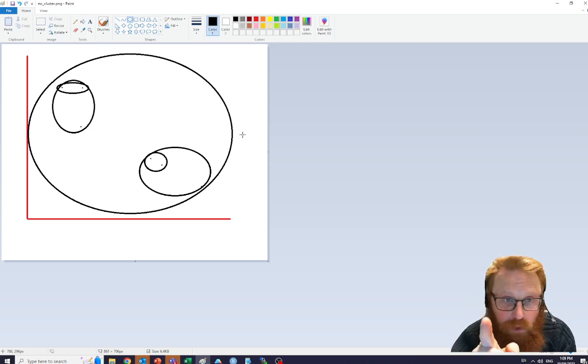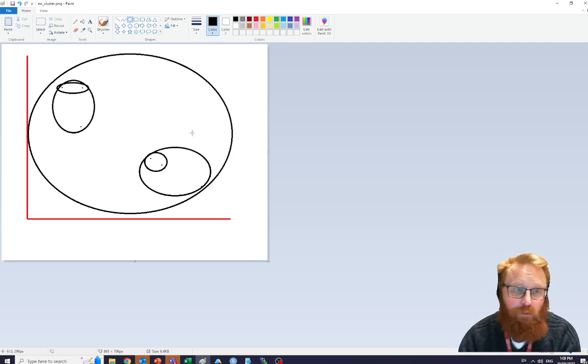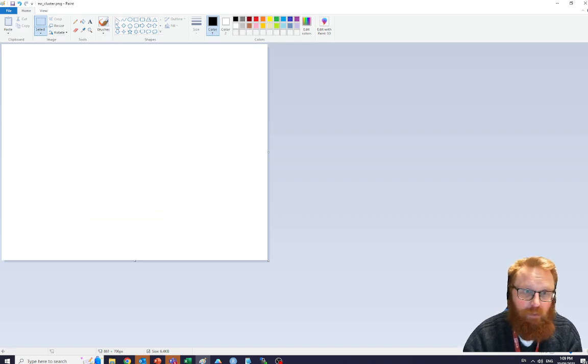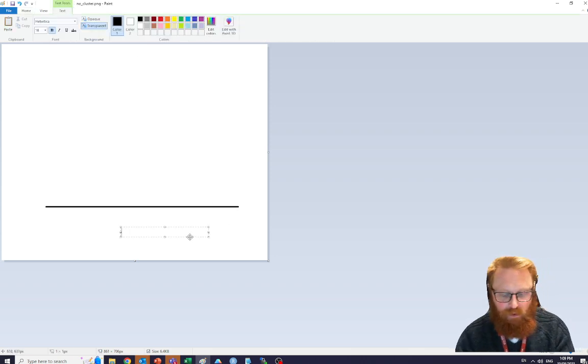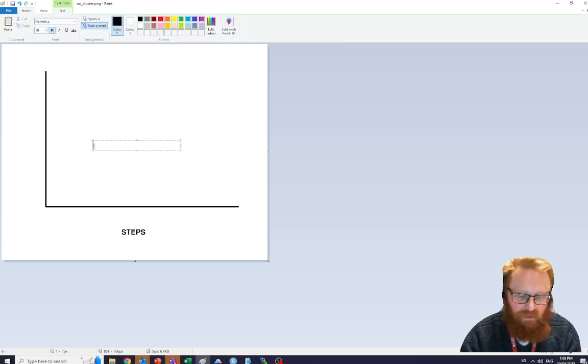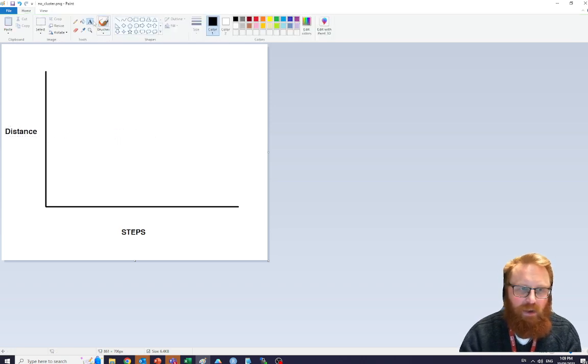Now, you, probably because you're sensible, are imagining a graph where we do something like this, where we go the number of clustering steps along the x-axis, right? And then on the y-axis, we have the distance between our clusters, and what we would expect to see is, it going along and going, well, they're quite close together, they're getting a little bit further apart, right?